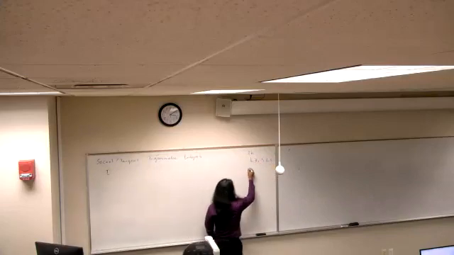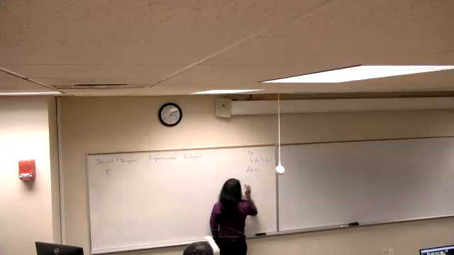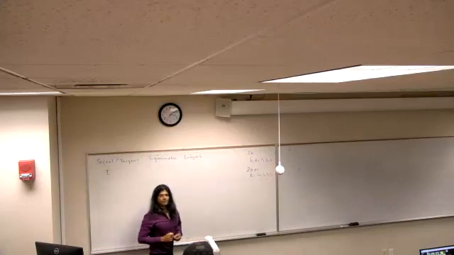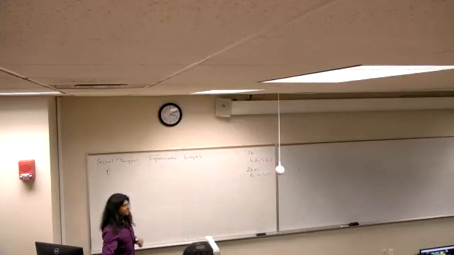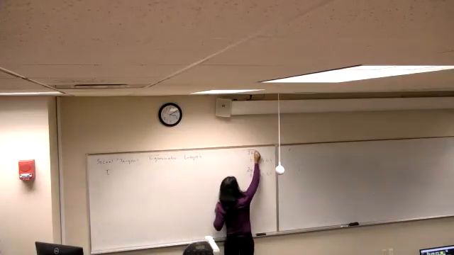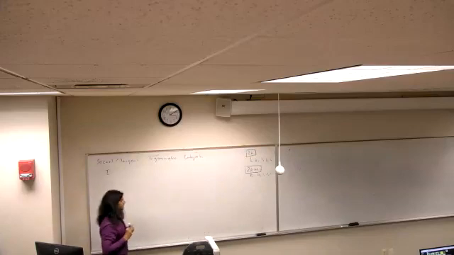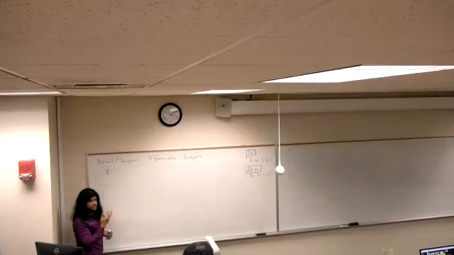If I had 2k plus 1, then when I plug in, I will get an odd integer. When we get to sequences and series, you will learn about it. That is the general term for an even numbered sequence, and the general term for an odd numbered sequence. Something you've got to know.